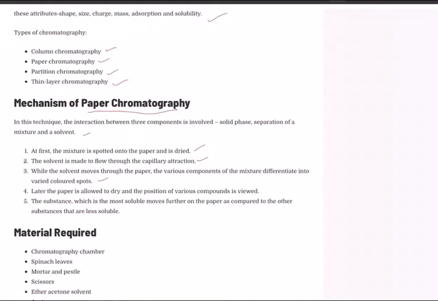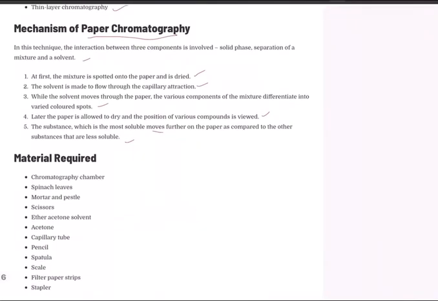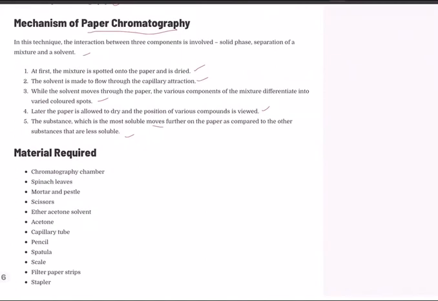Third, while the solvent moves through the paper, the various components of the mixture differentiate into varied color spots. Fourth, later the paper is allowed to dry and the position of the various compounds is viewed. Fifth, the substance which is the most soluble moves further on the paper as compared to other substances that are less soluble. So solubility is the criterion.